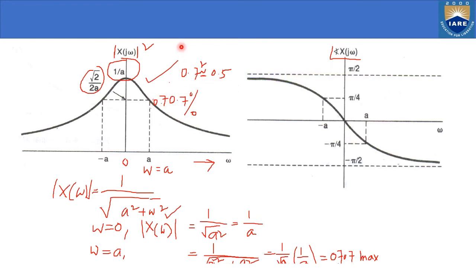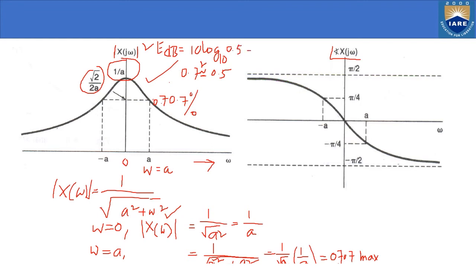So 0.5, let us take the log of this one. I am writing it here in terms of dBs. Energy after squaring, in dBs. So this will be 10 log base 10 of 0.5, which means 1 by 2.